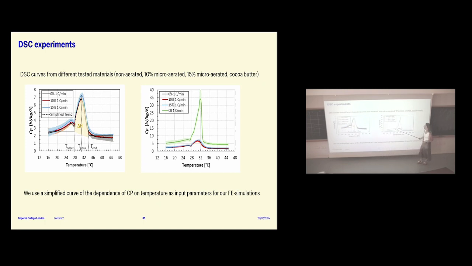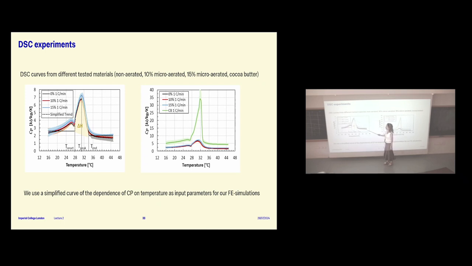On this side is the 3 chocolates and the cocoa butter alone. We made samples of just cocoa butter, which is the matrix, remember, of the chocolate. So what you can see here is that we have this peak, which is where the phase change happens. This is the onset of the melting and the end of the melting between 28 and 33, 34. You can get the specific heat capacity here.